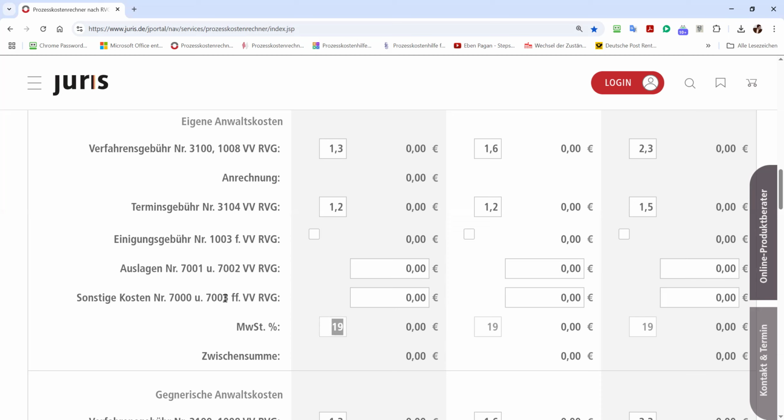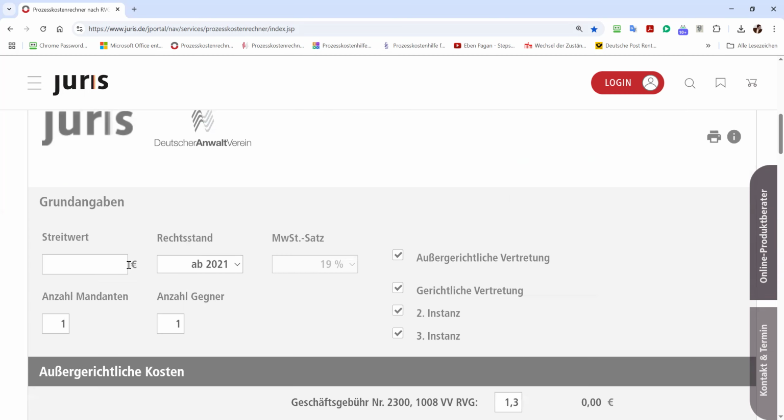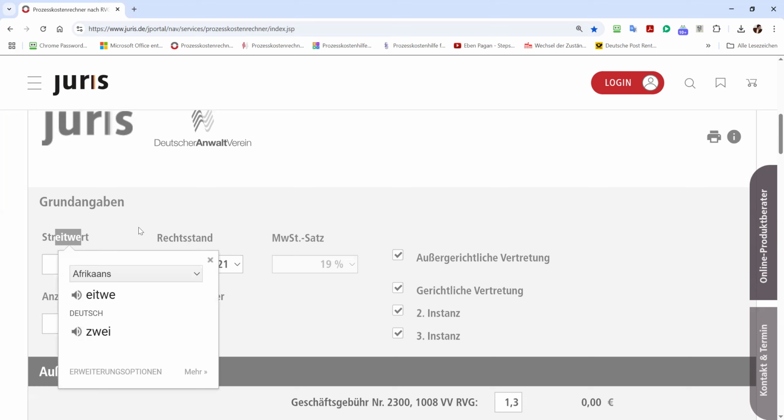Now, the court also charges its own fees based on the value in dispute. It's the same value, right? The one here, Streitwert. And the client who starts the lawsuit typically has to pay those court charges in advance.